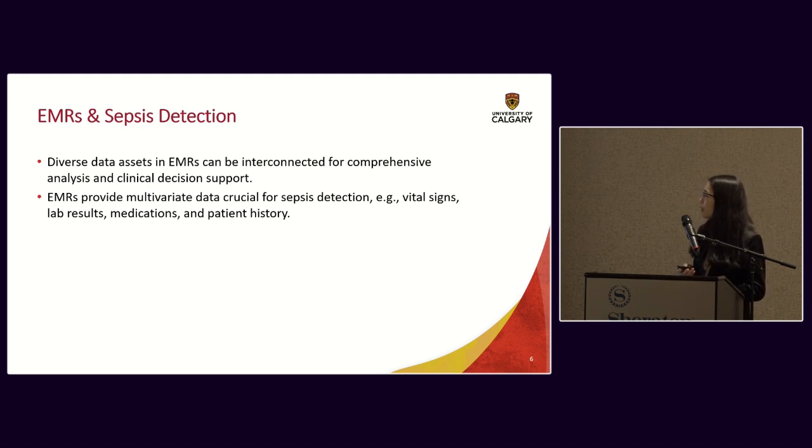And the multivariate nature of EMRs can provide lots of information for sepsis detection. For example, if we can combine different data tables like vital signs, laboratory tests, medications, and patient histories, we can imagine that we can create a longitudinal and comprehensive patient profile for each patient. That might be helpful for sepsis detection.